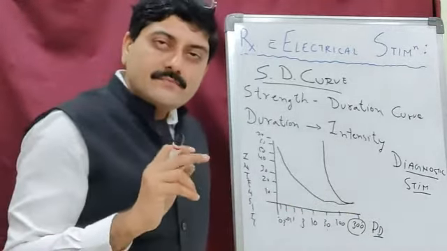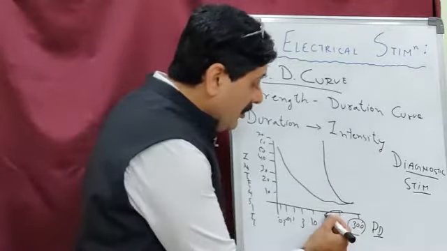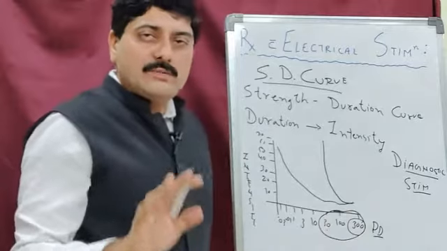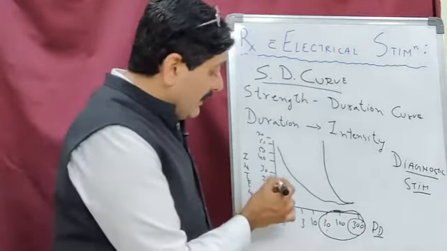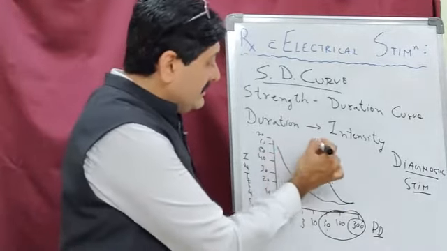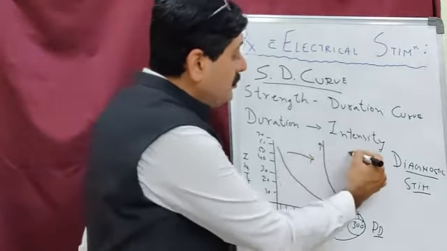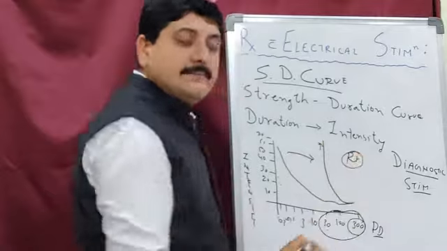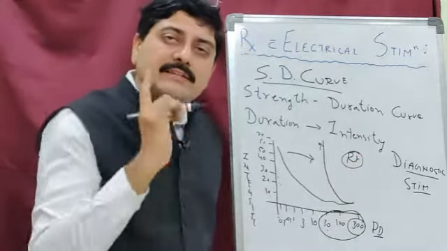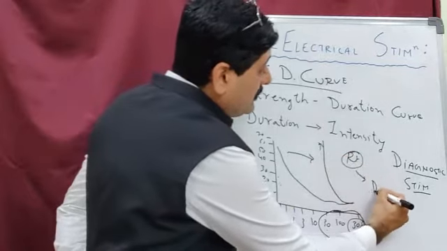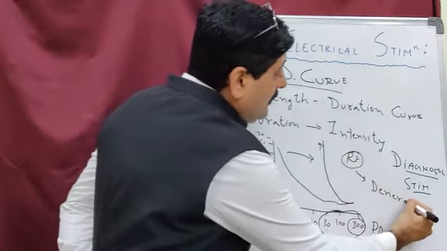This means that even at longer duration of current, the muscle is not responding at lower intensities. So the intensities rise and the curve shifts to the right. If there is a shift of curve towards the right, this shows denervation.